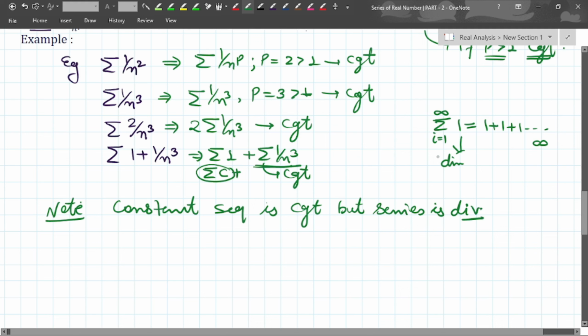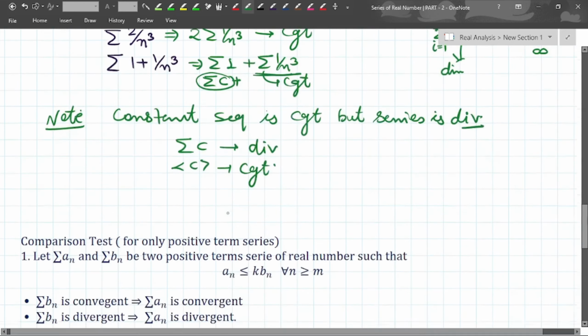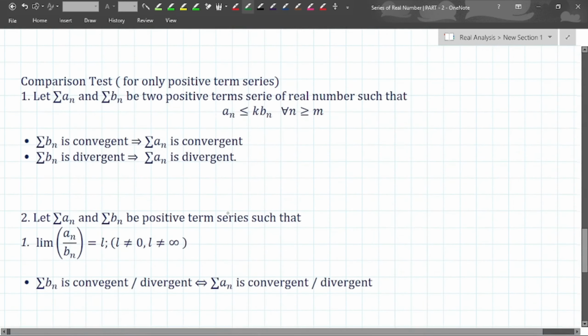So the constant sequence c is convergent, but the summation of c, sorry, I just wrote it, yes, is going to be divergent. This is one of the observations from here. So this is the p-test. This is called the p-test.